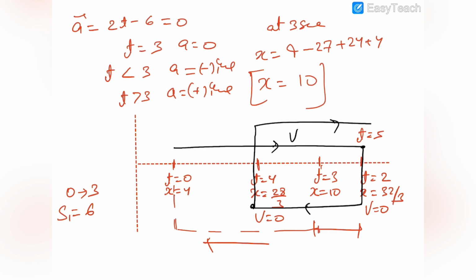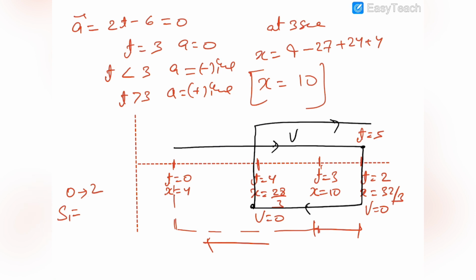you can see that this is also a retarded motion. From 0 to 2 seconds it is a retarded motion because acceleration is in the negative direction. So this must be counted, so it would be 32 by 3 minus 4, which is 20 by 3, for 0 to 2 seconds.